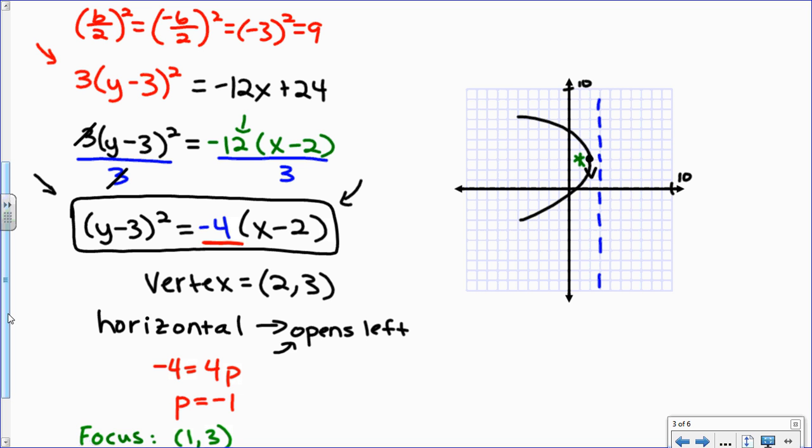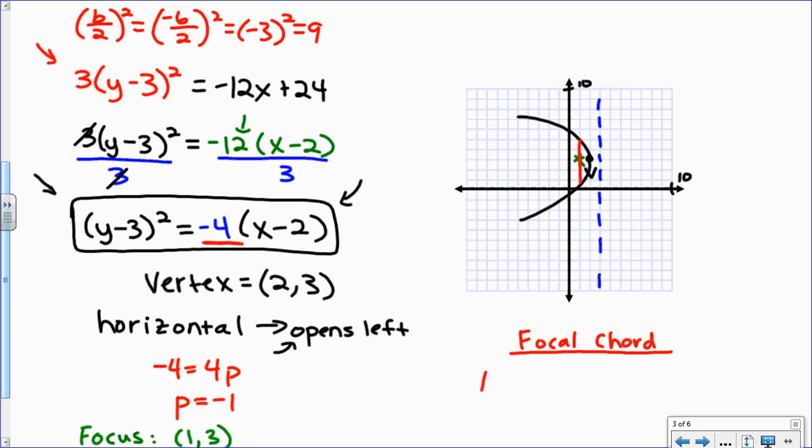Okay? And then my focal chord is the line that goes through your focus and has endpoints on the parabola. So that right there is the focal chord. So I need to find the endpoints so I can draw the focal chord, and then that also will give me a more accurate parabola because I'll have endpoints on it.